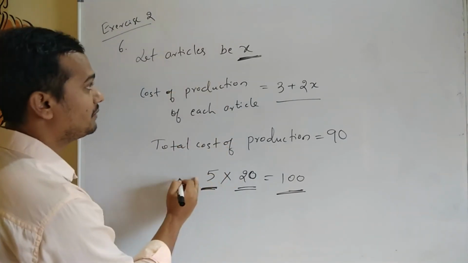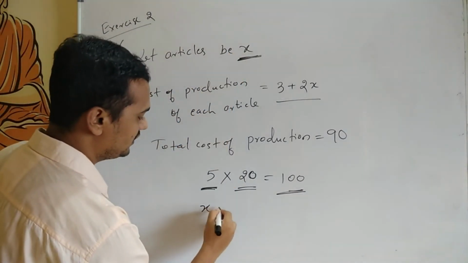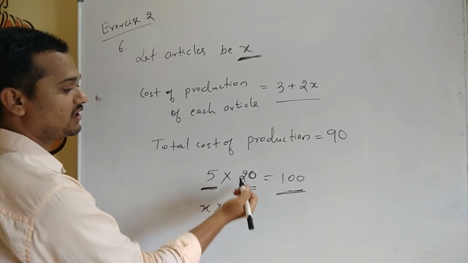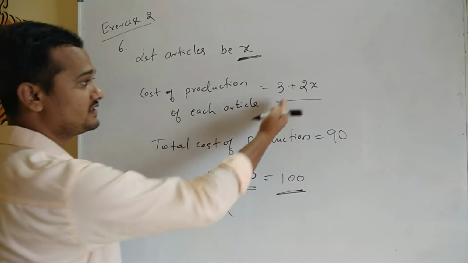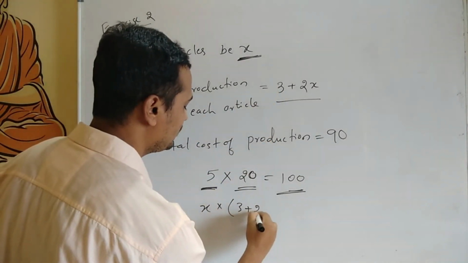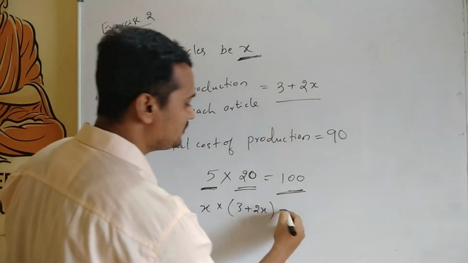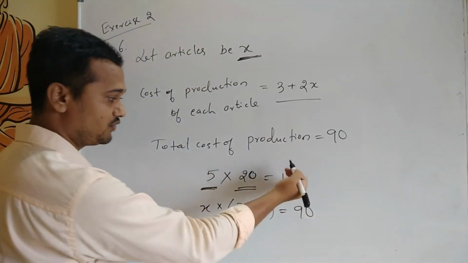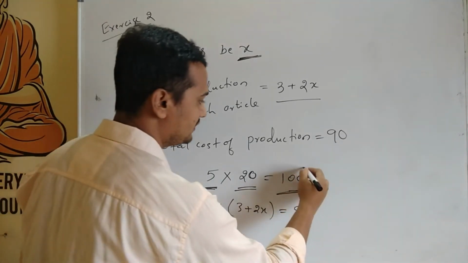So just compare this one with this problem. What is the number here? That is x. Okay, x times the cost of each article, compared to the cost of each chocolate, that is 3 plus 2x, which will give the cost of production, 90. Okay, don't get confused with the numbers here, this is just an example.